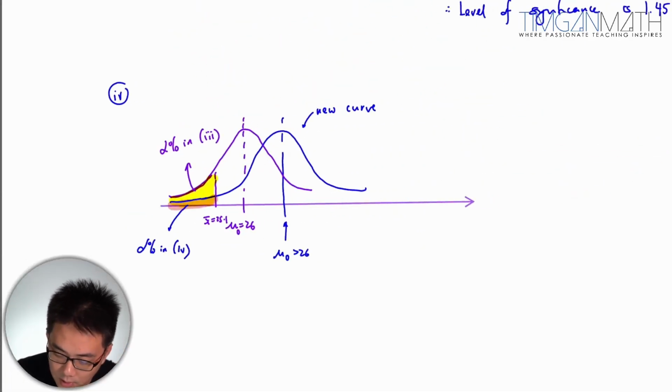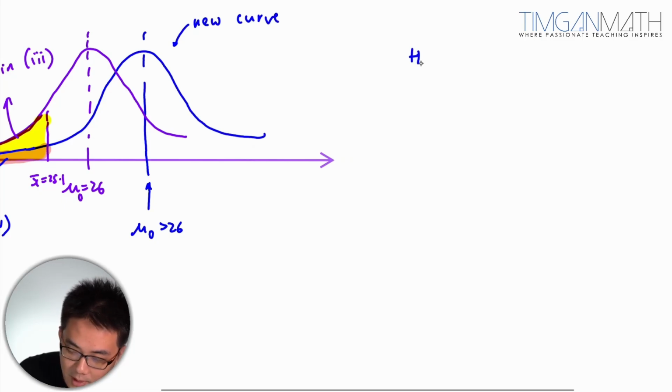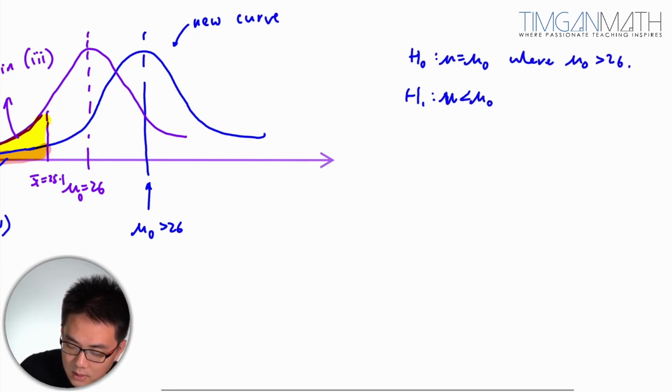In other words, the level of significance actually will be smaller. So how do we write this H1? By the diagram we can see mu naught, H1 is less than mu naught, where mu naught is bigger than 26.